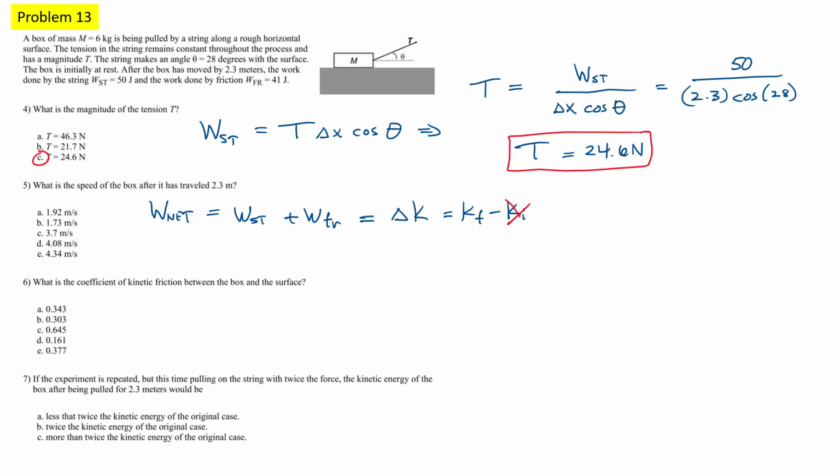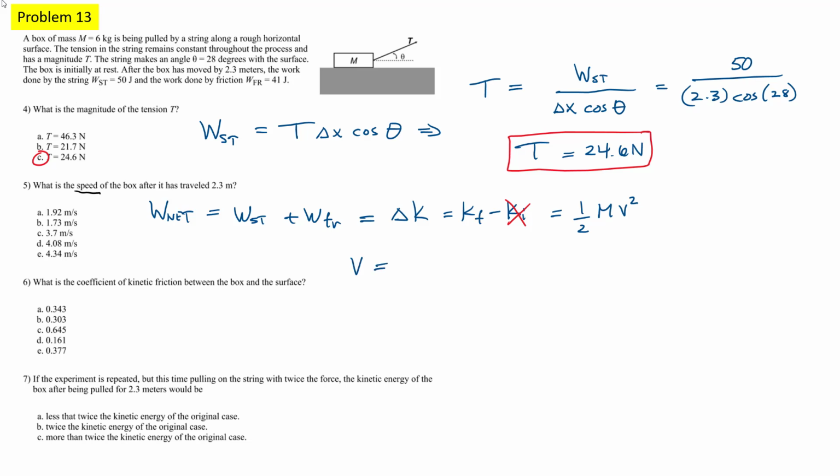The initial value is 0. The box starts from rest. And I'm looking for the speed, which is inside the kinetic energy. So let's write out the final kinetic energy as 1/2 the mass of the block, v squared. All right, so how do we rearrange this equation?